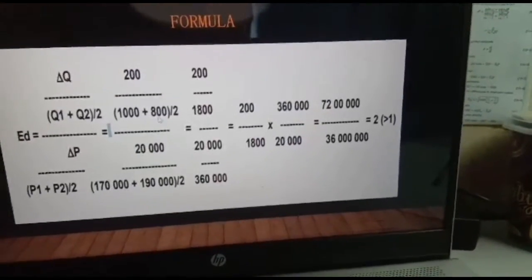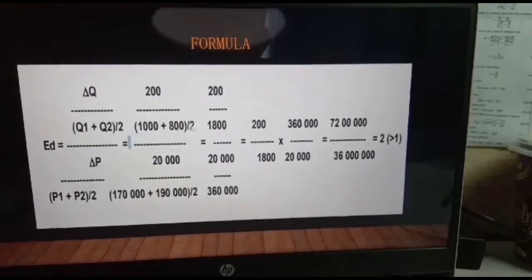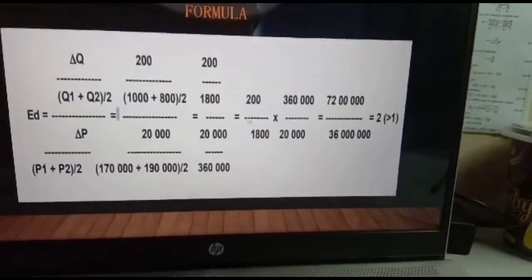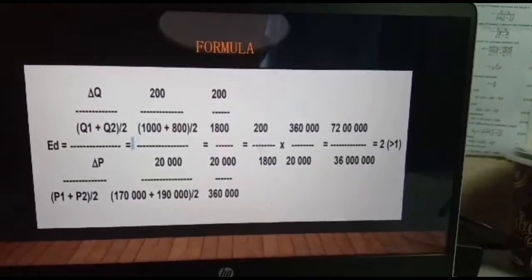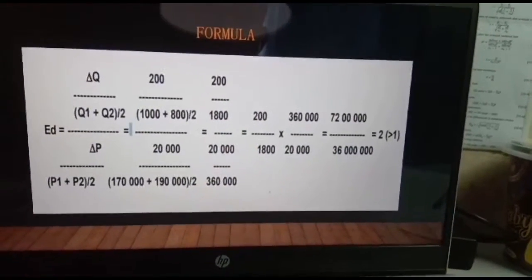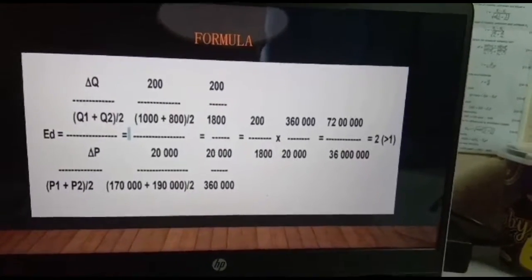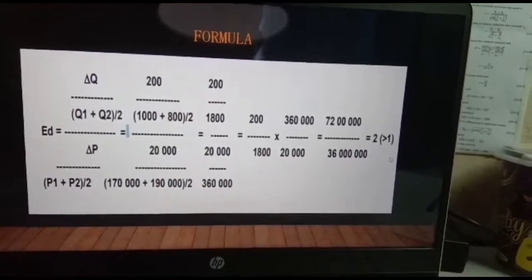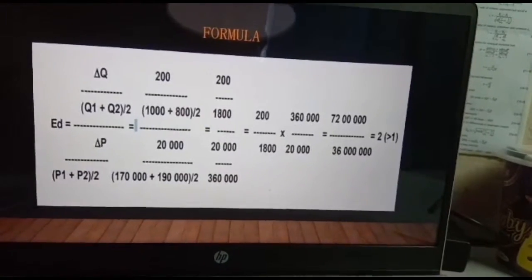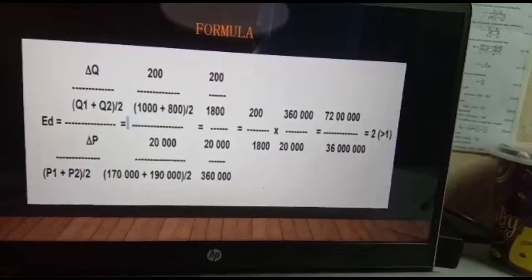So we solve this formula, we get the quantity change is 200, and the price change is 20,000 with the price sum 1,800. So you solve this and we get the value. Based on the value, we know that this is more than 1.